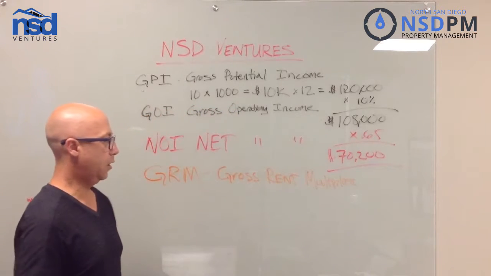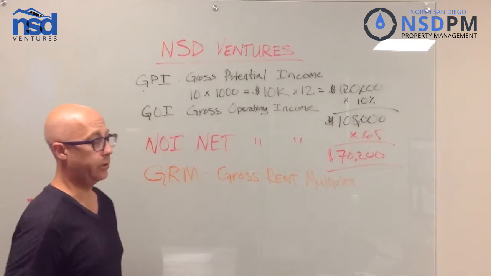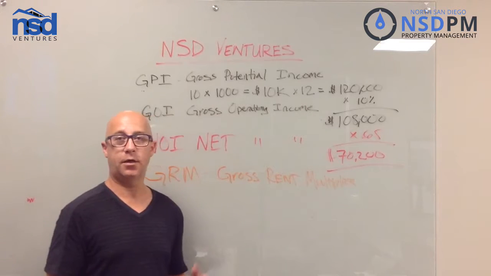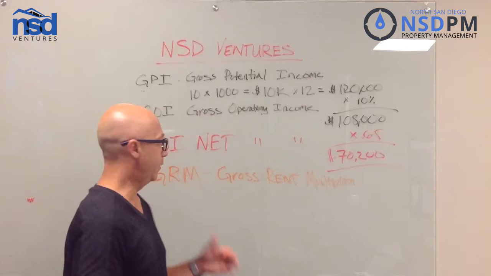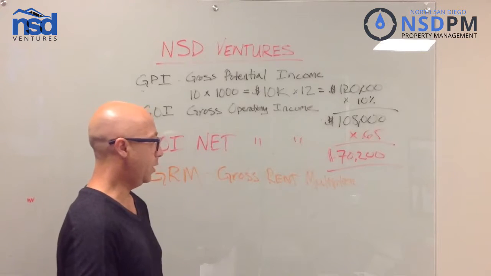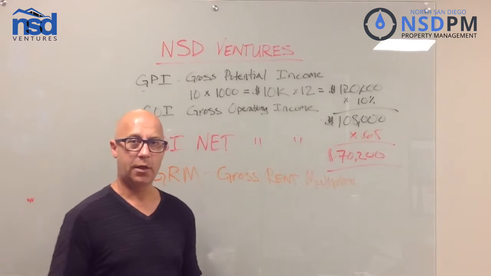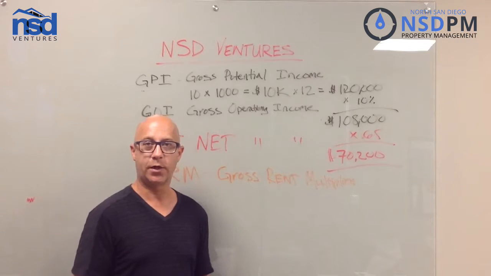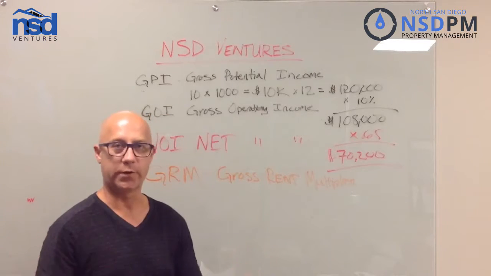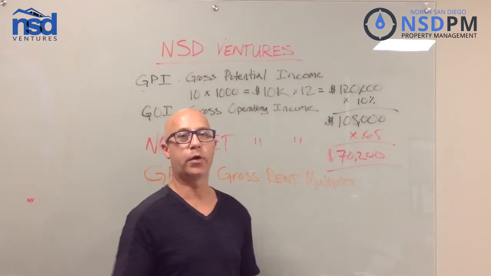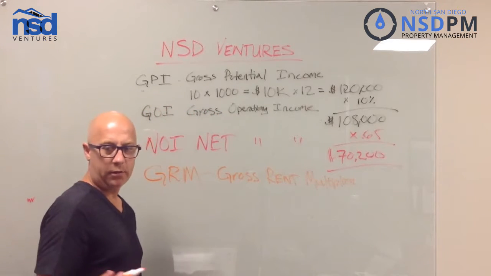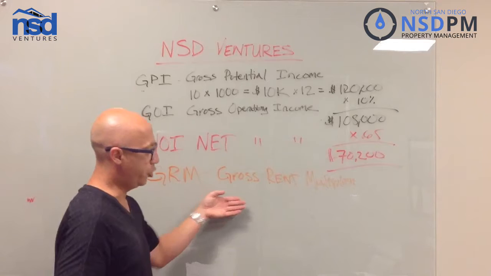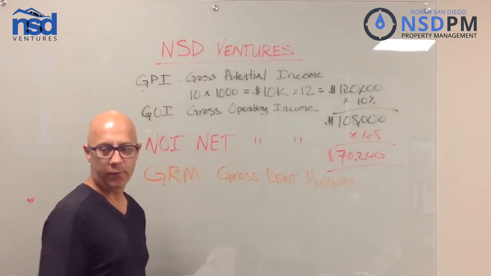Yes. Now, the gross rent multiplier, you're going to see it in a lot of places, and honestly, it's not the greatest tool to use for looking at properties. But people still tend to use it. I think they just decided that they were going to come up with a number by dividing some numbers together, and then that's how they can compare some properties. So take it for what it's worth, but let's go ahead and show you how to calculate the GRM if we were going to do it.